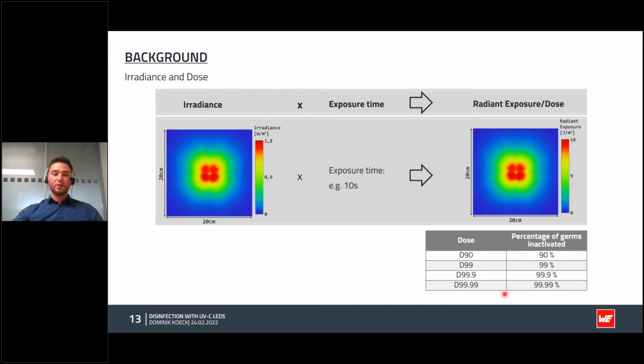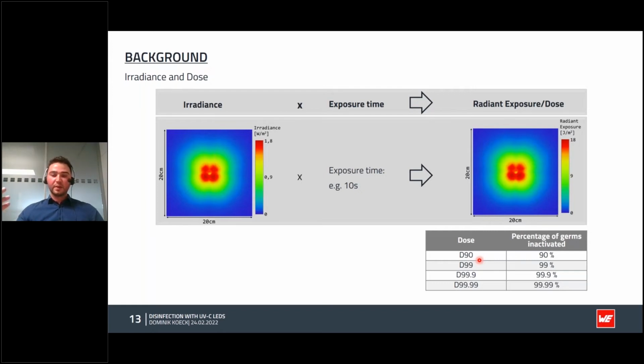And depending on this, you will need to change the amount of light that is hitting your surface. So how can you achieve this dose? This dose is a property of some germ, so for example, for a virus and a bacterium, and it's a property of this special bacterium.